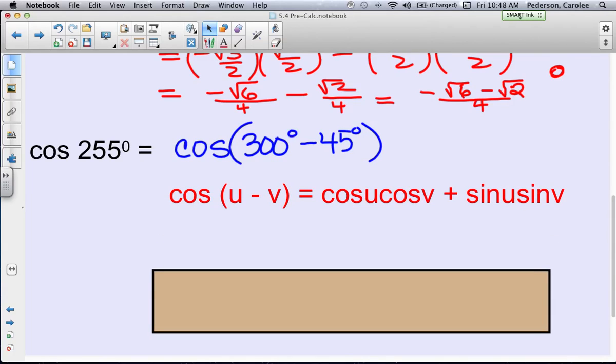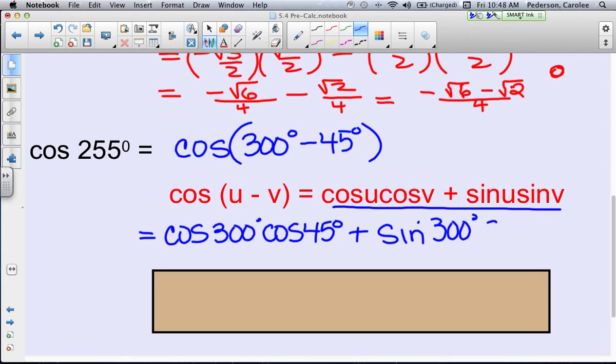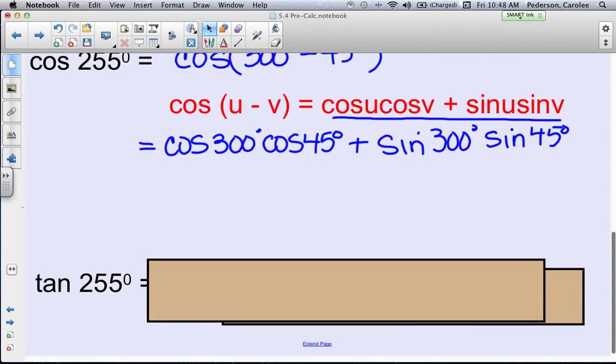We're using the right-hand side now. And we say cosine of u, which is 300 degrees, times the cosine of v, which is 45 degrees, plus the sine of u, 300 degrees, times the sine of v. Then we would use that unit circle again and find out what those values are.